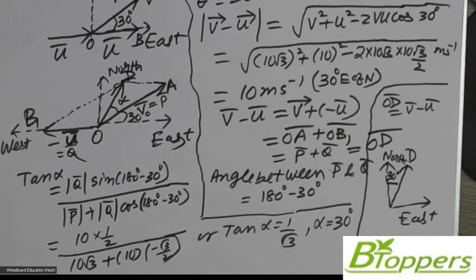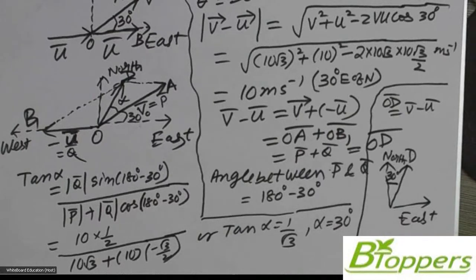That is a component method. That means representing each vector v bar and u bar in terms of the rectangular components and unit vectors along the coordinate axis. Some of the students may feel the alternate method is easier than this method.